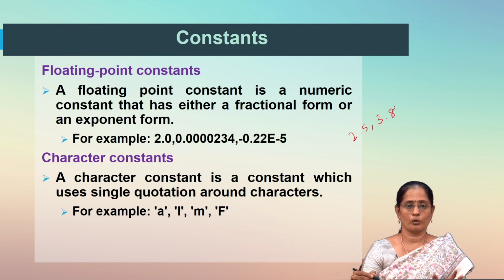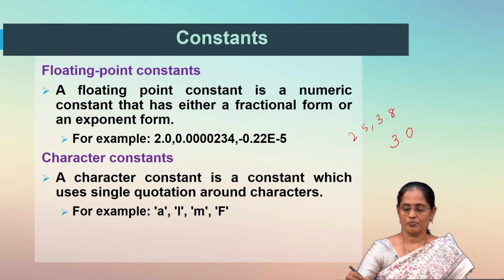If it is going to be a whole number which needs to be represented in the floating point constant, it can be represented as 3.0. And one interesting thing with C language is that even if we are supposed to represent it as a numerical value without the 0, it will automatically convert that to 3.0.